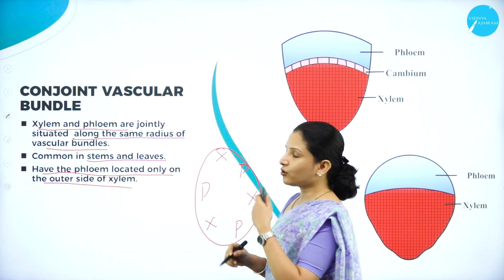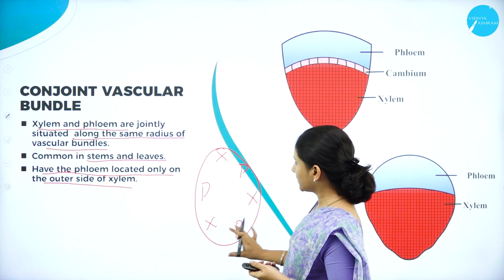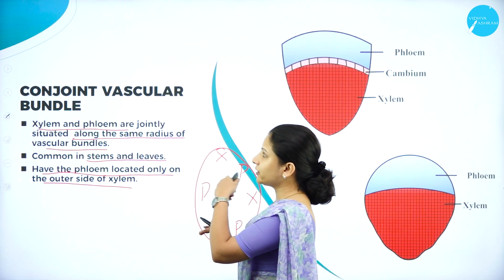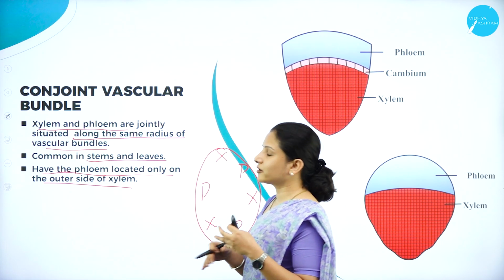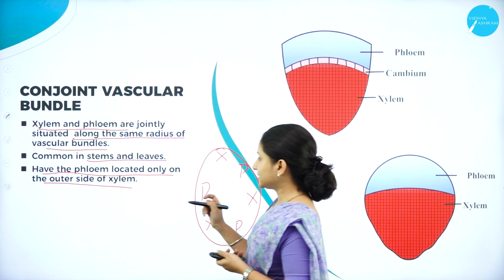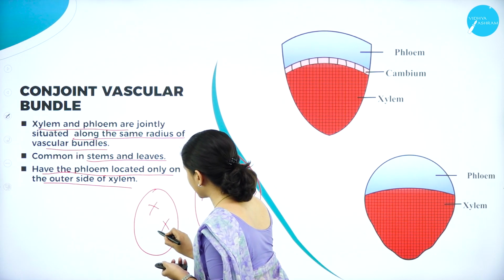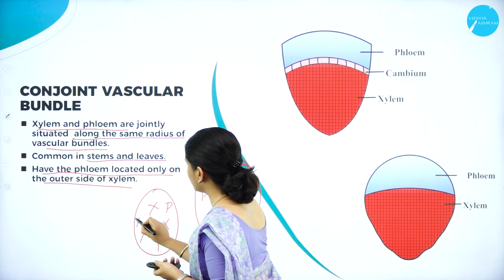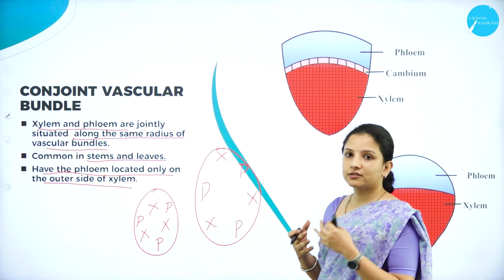So the conjoined open vascular bundle has the xylem and the phloem located in the same vascular radius, but the conjoined closed vascular bundle has the phloem located only on the outer side of the xylem. So if the xylem is located towards the inner side, the phloem will be located alternating towards the outer side. So this is about the conjoined vascular bundle.